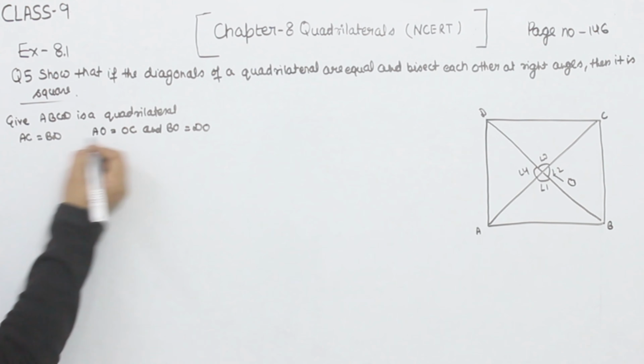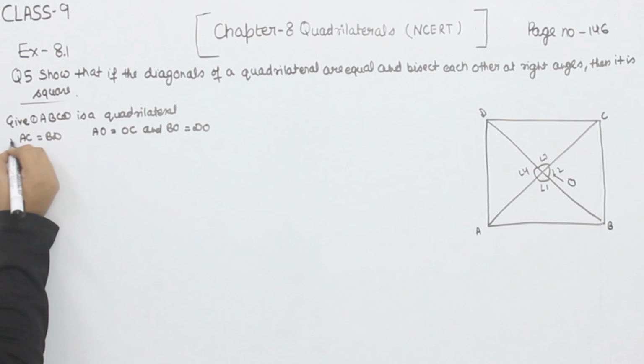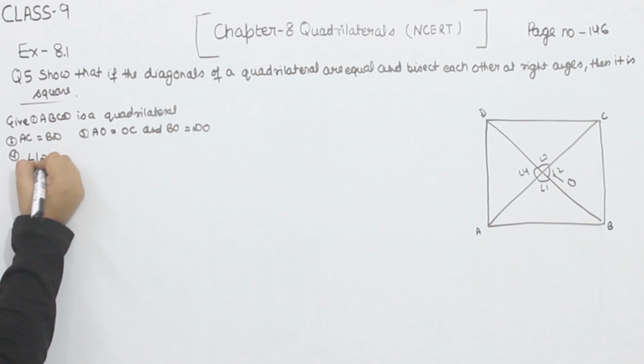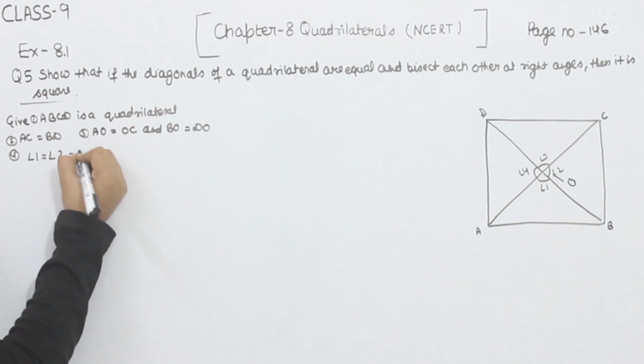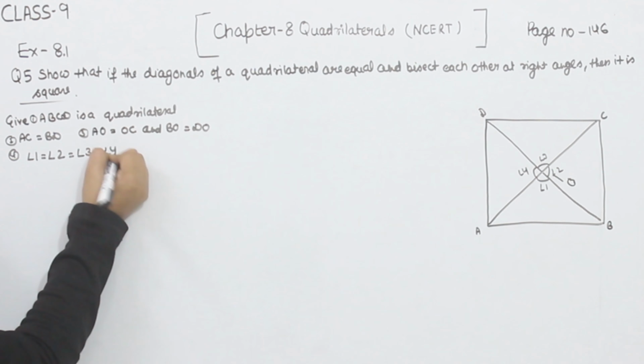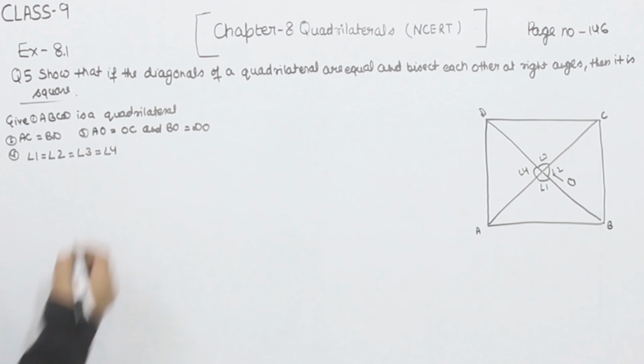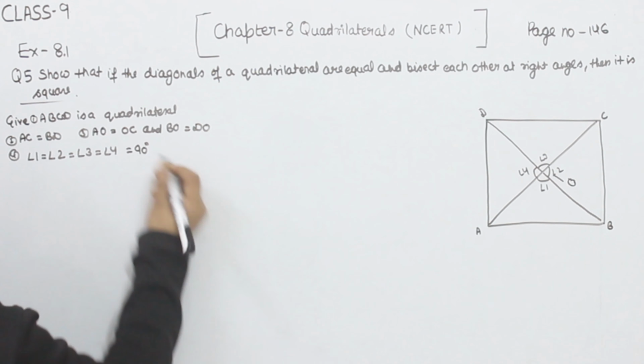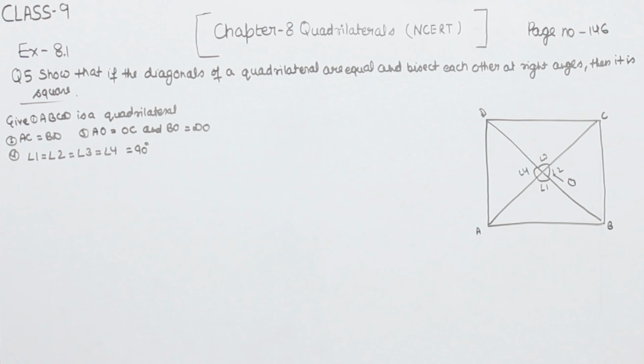This is the first, this is the second, this is the third. Now comes the fourth one. What we have given: angle number 1 is equal to angle number 2 is equal to angle number 3 and equal to angle number 4. Why? Because they are of 90 degree. Where they are intersecting each other, they are of 90 degree.